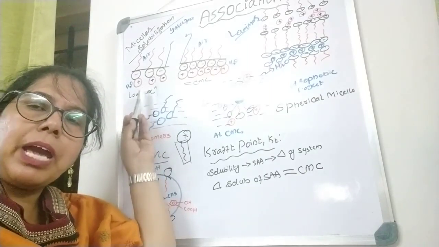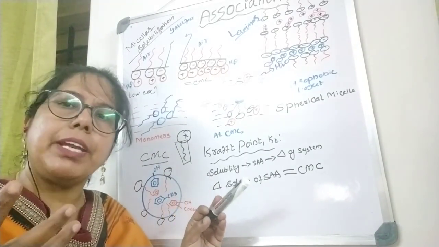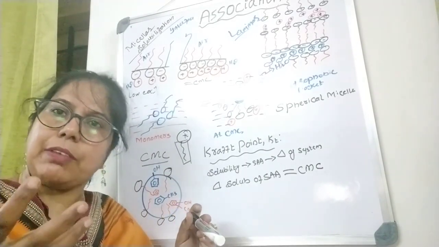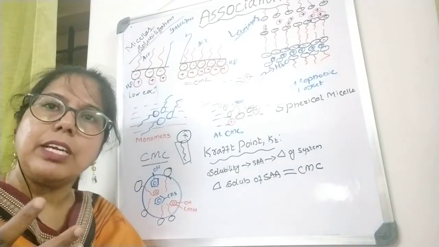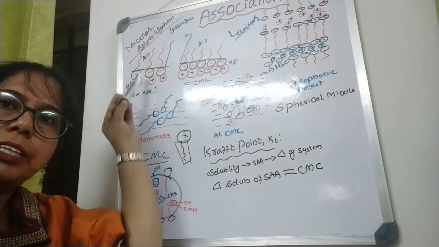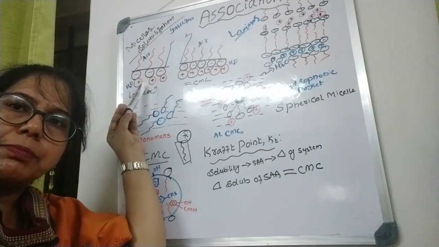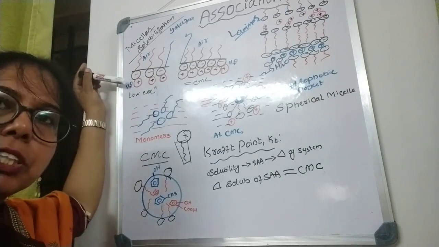I will take a solution of a surface active agent, for example sodium lauryl sulfate, that is SLS, as the surfactant. I will keep adding that surfactant into the bottle containing the dispersion medium.